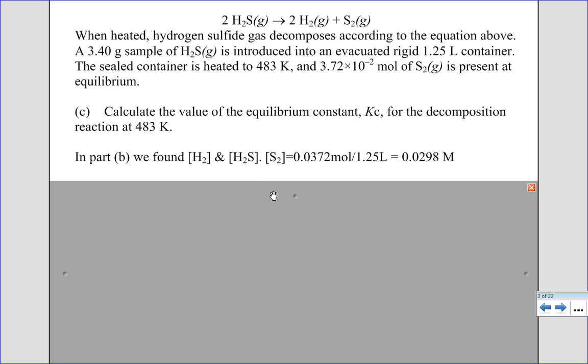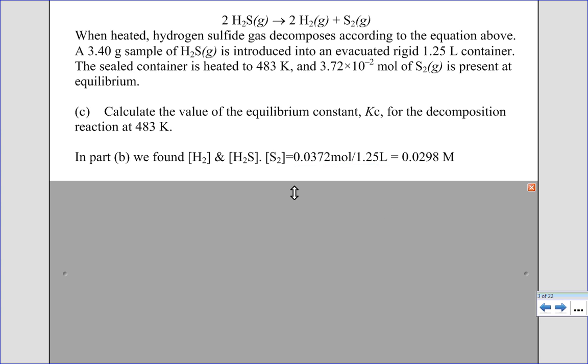So the only one that's left is the concentration of S2, and we were told how many moles we had in a 1.25 liter container at equilibrium. So the concentration of S2 gas is simply the moles of S2 gas divided by the volume. The concentration of S2 is 0.0298.